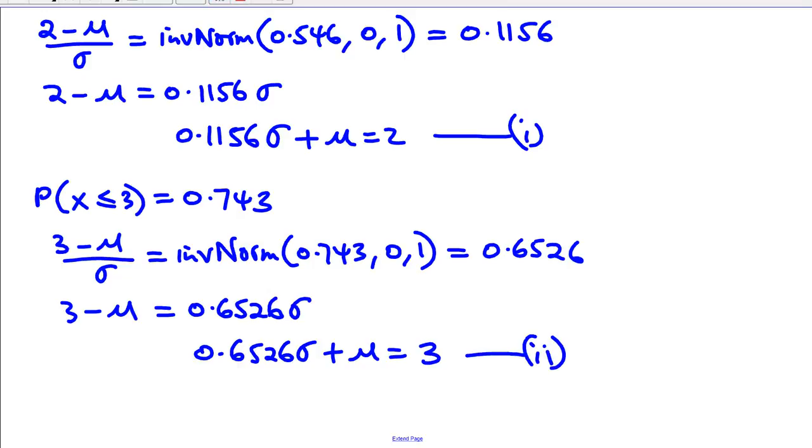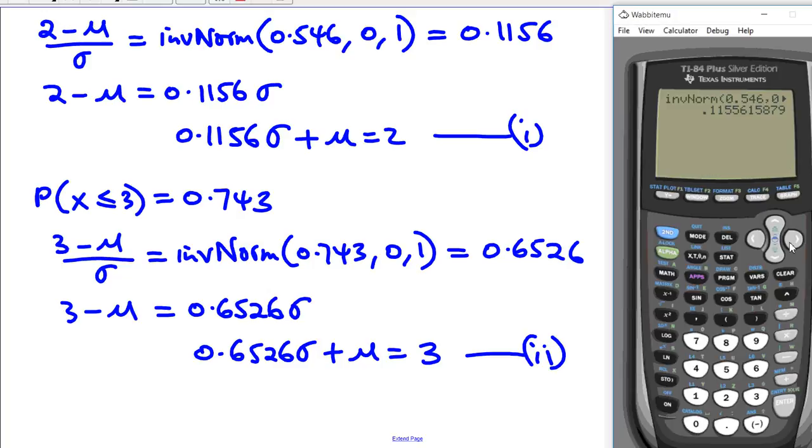So we can solve this simultaneously on our graphing calculator.